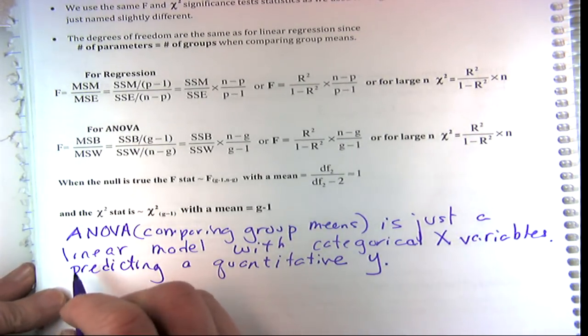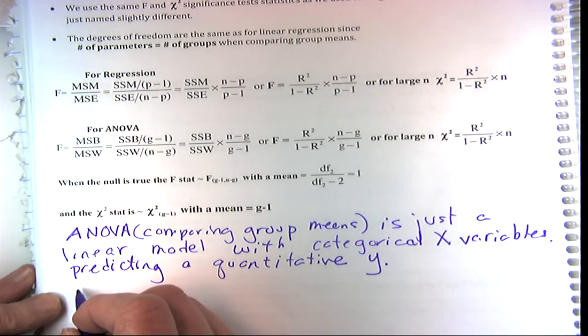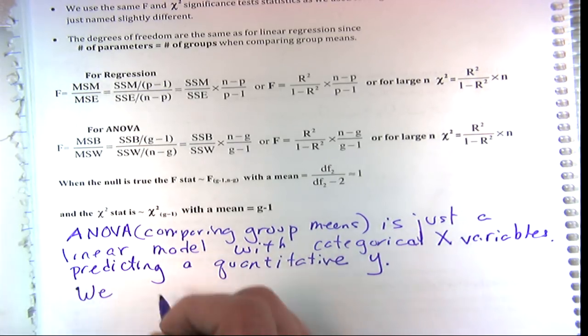So what can we do? We can write it as a linear model. Let's do our example we just looked at, those 3 drug groups.